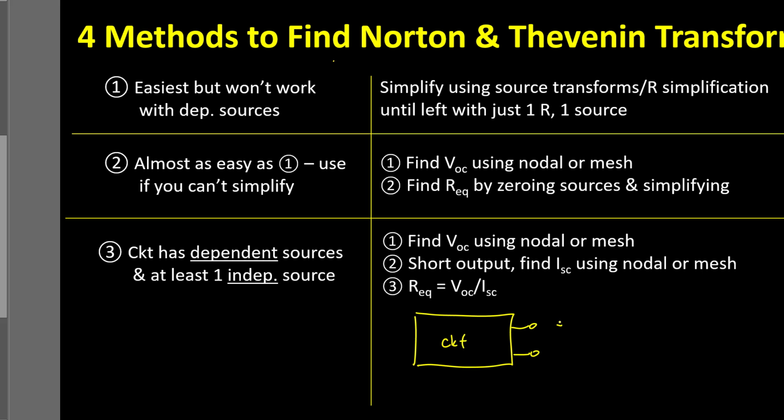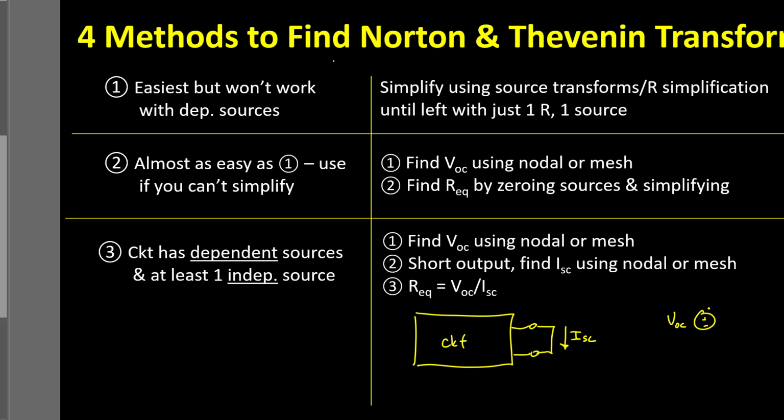Your first step in using this method is to find V open circuit, just like you did in method 2, using nodal or mesh methods. I'll record it over here. After you find V open circuit, you'll next short the output terminals, and you'll measure some I short circuit that flows.